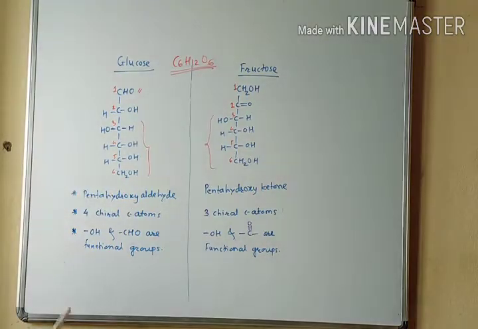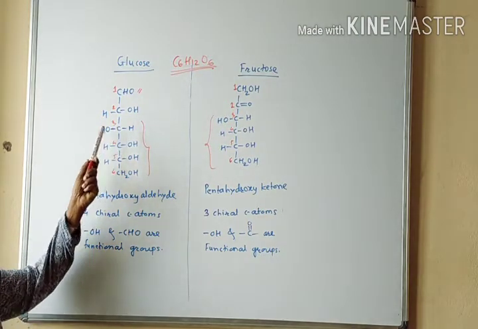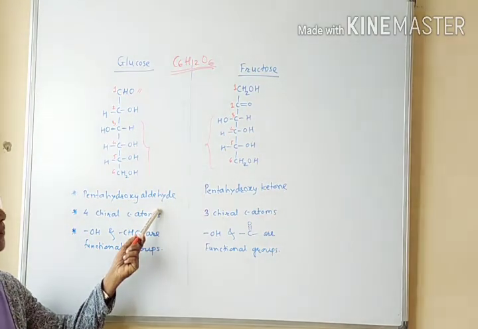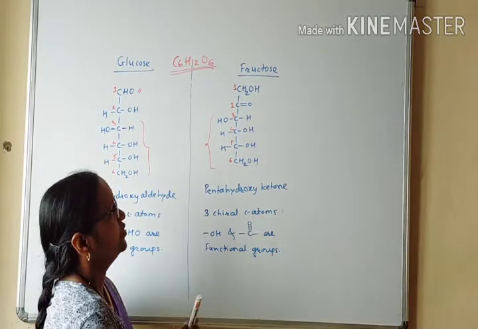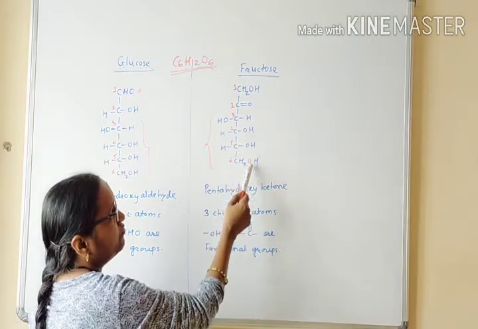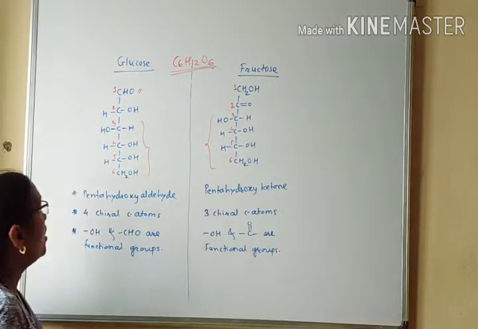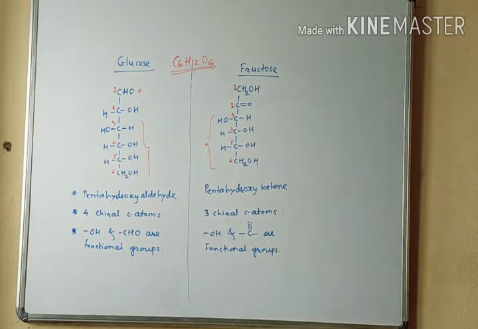So glucose is a pentahydroxy aldehyde, while fructose is a pentahydroxy ketone.